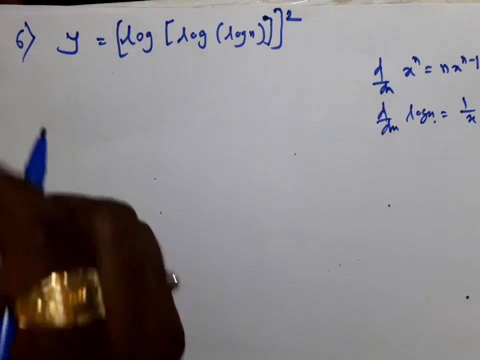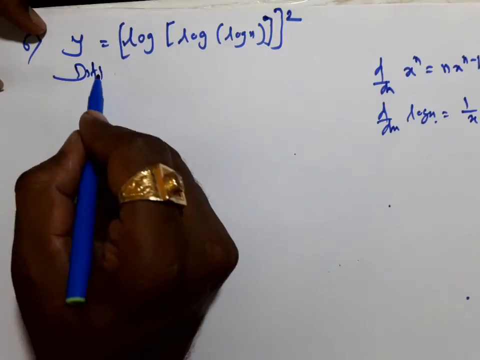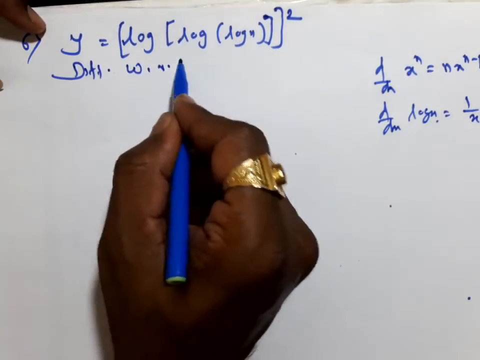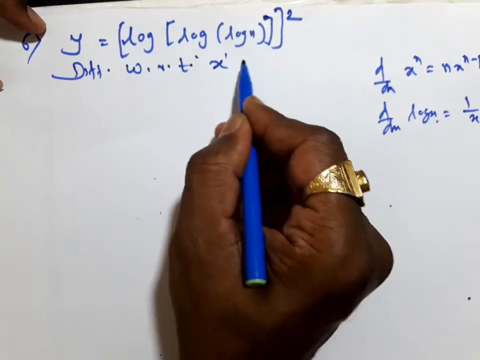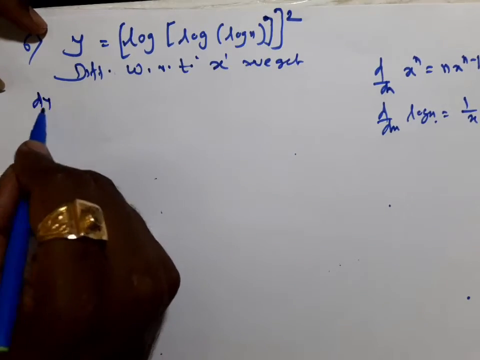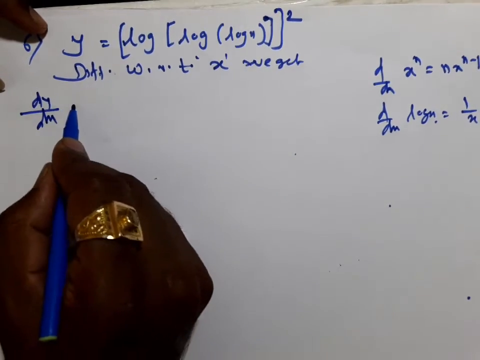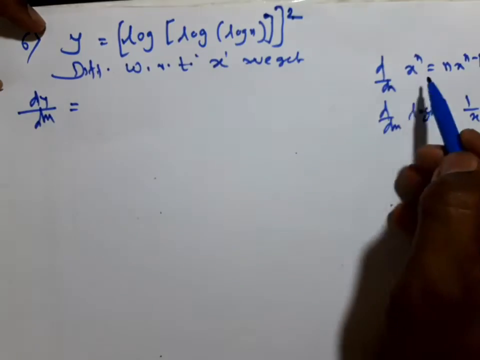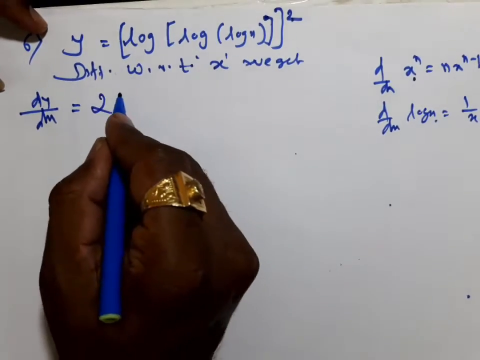Okay. So as usual, first differentiate with respect to x. We get dy by dx, it is 2. So this is formula 2.